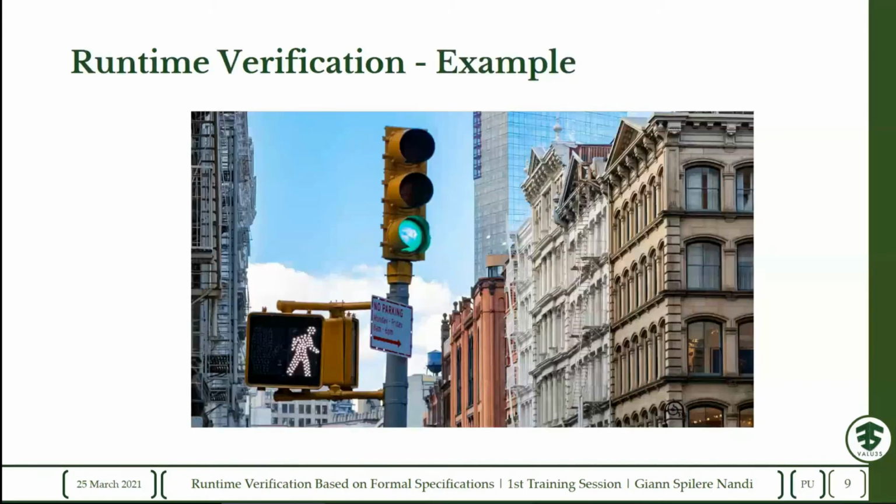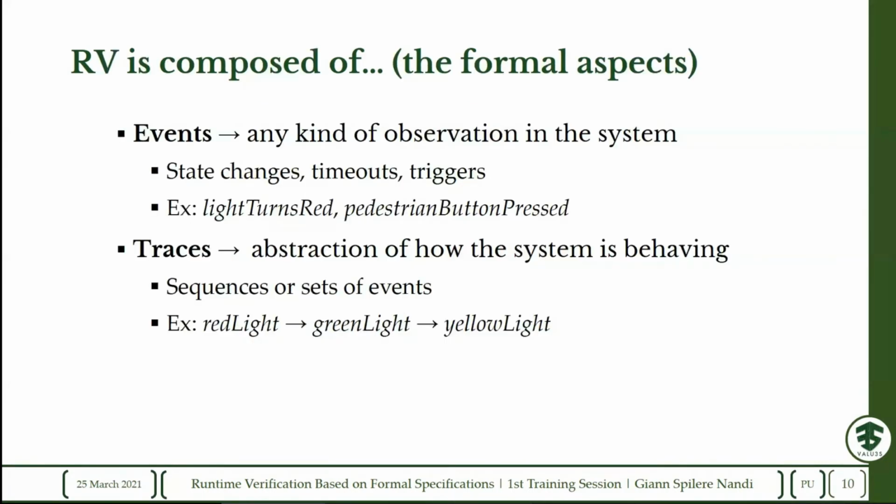So let's go with an example. Although it's not the most complex example out there, let's say that you want to use runtime verification on a traffic light. To perform runtime verification, we need some elements, which are the formal parts of it. So runtime verification is composed of events, which are things that are observed in the system, some kind of behavior that is observed in the system.